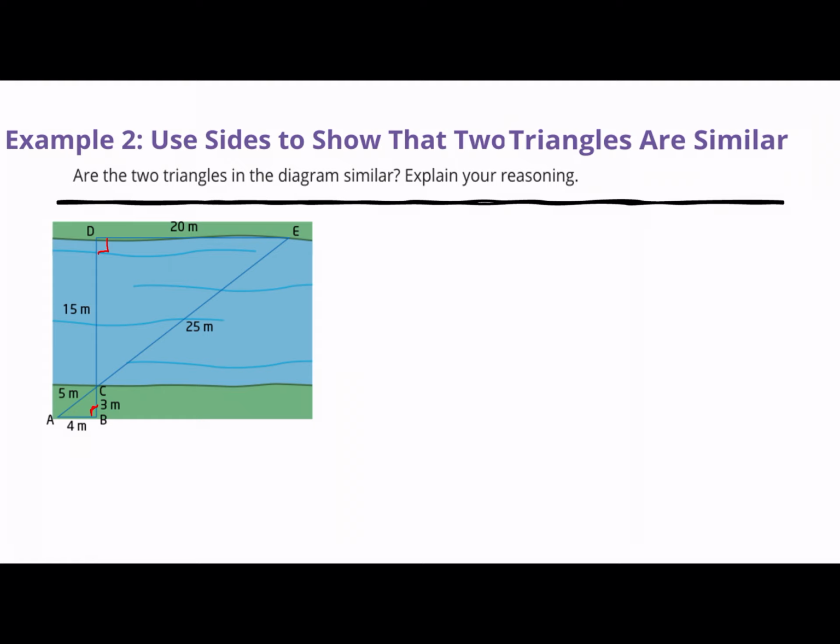We would know that these two opposite angles are the same by using our rules, showing that when you've got two lines intersecting, the opposite ones are the same, and then by process of elimination with the 180, we know the third ones are the same.